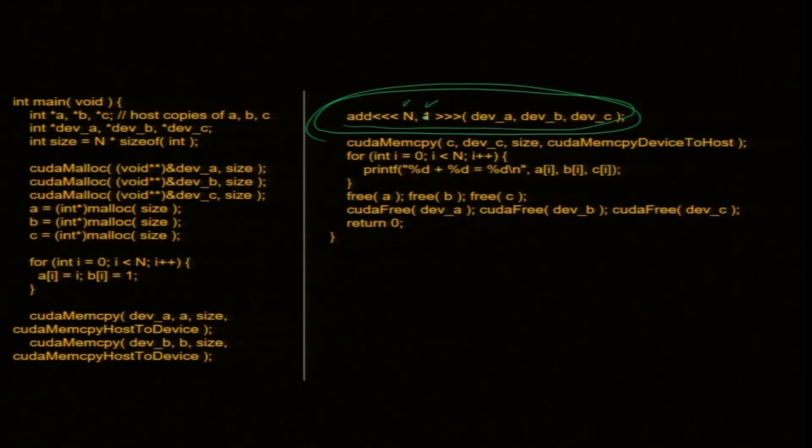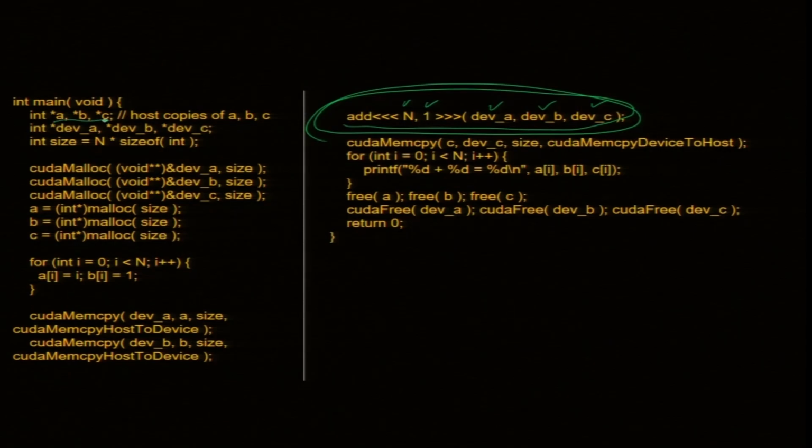n is the number of blocks, one thread per block, and these are the 3 arrays A, B, C, array pointers in fact, and that is being passed. So, it will create n blocks in parallel and they will do their work. Now, other code is pretty trivial.